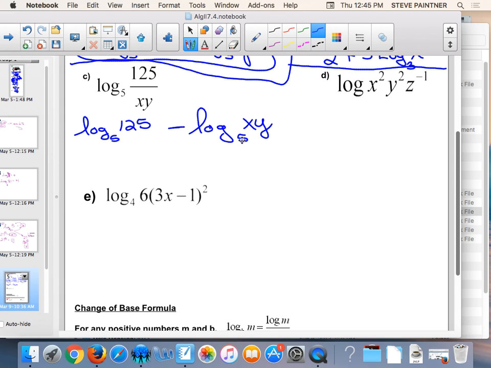Well, look closer. You have log of a number, not to a power. So you're pretty much done here. Although 5 to what power is 125? You know the answer to this is 3. Okay, wait. You have log of what going on? Multiplication. Can't this be broken up again?